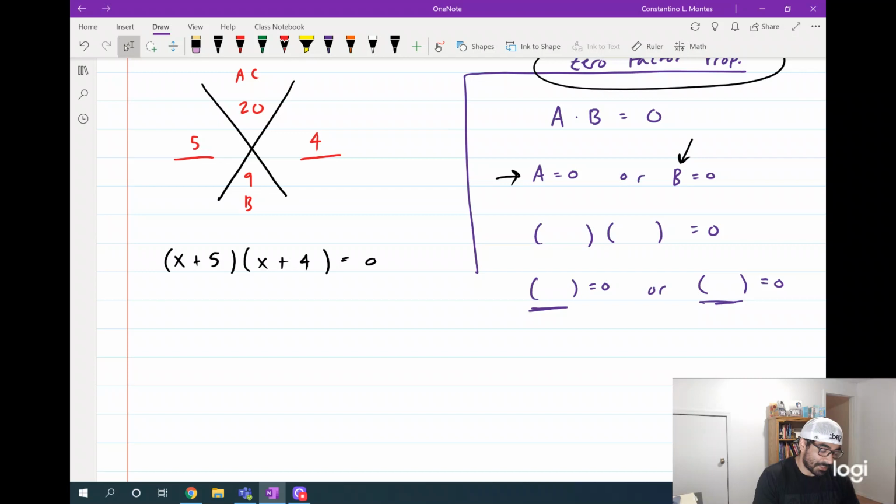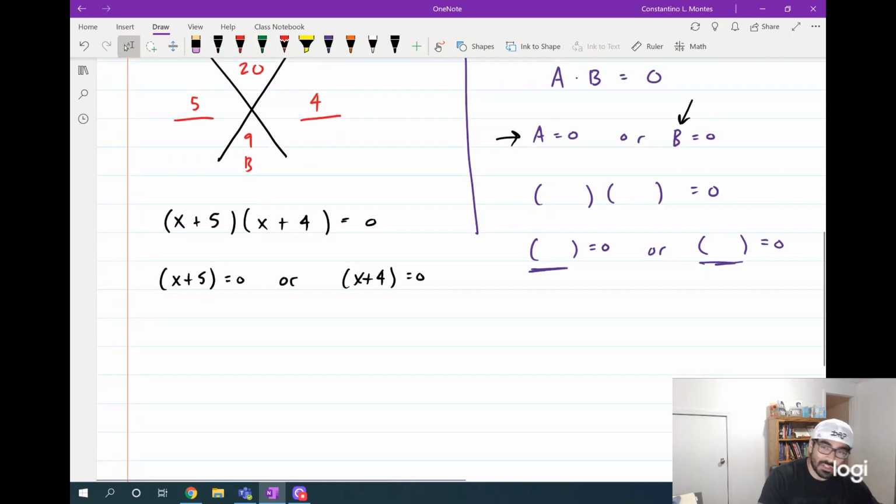If I have x plus 5 quantity times x plus 4 equals 0, that means x plus 5 equals 0 or x plus 4 equals 0. And let me remind you that that only works because we're multiplying those two things together. The only way we can get 0 from the multiplication of two numbers is if one or the other or both are 0.